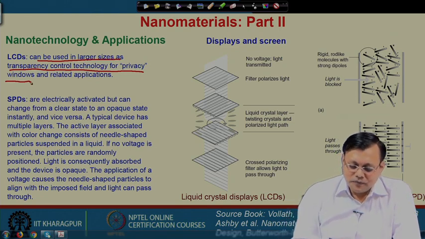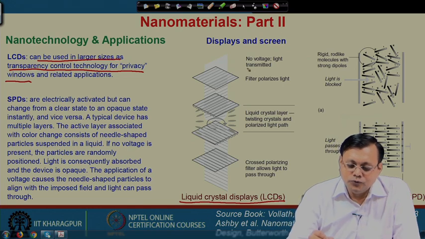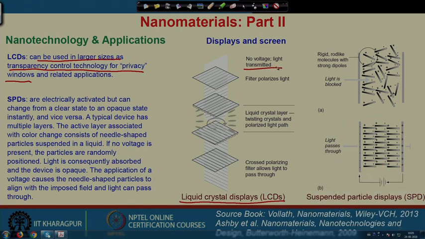So, this is a typical liquid crystal display. When we do not apply any voltage, the light is transferred through this, and if we have a filter, then we get a polarized light.